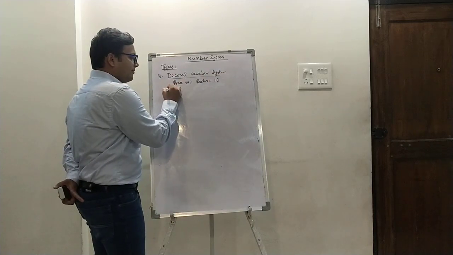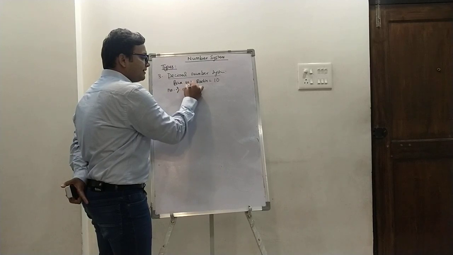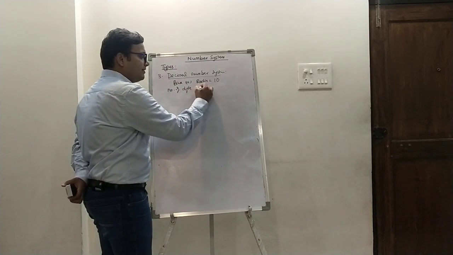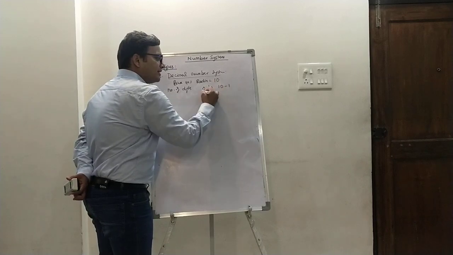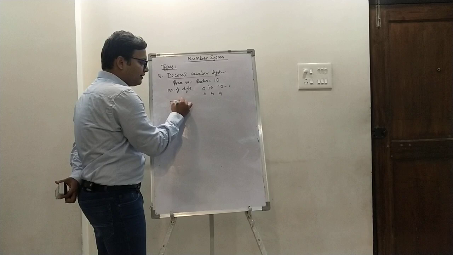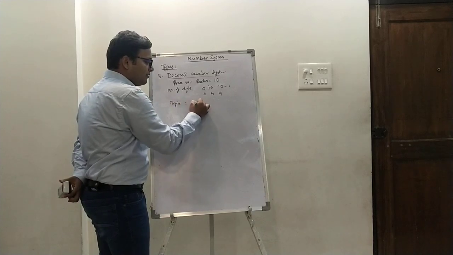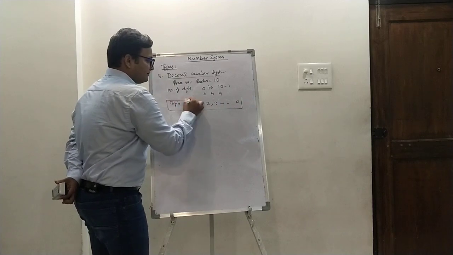So the number of digits in a particular decimal number must be within the range of 0 to 10 minus 1, that is 0 to 9. So the digits included are 0, 1, 2, 3 up to 9.